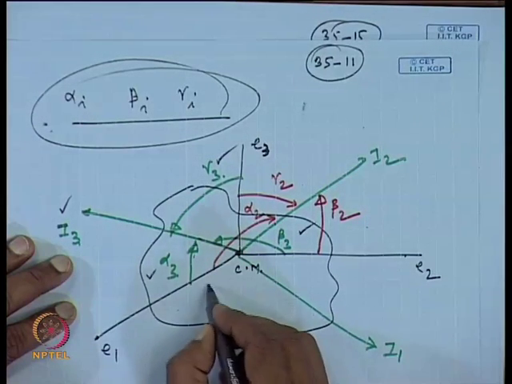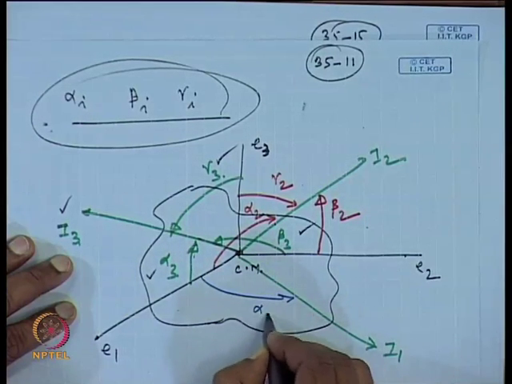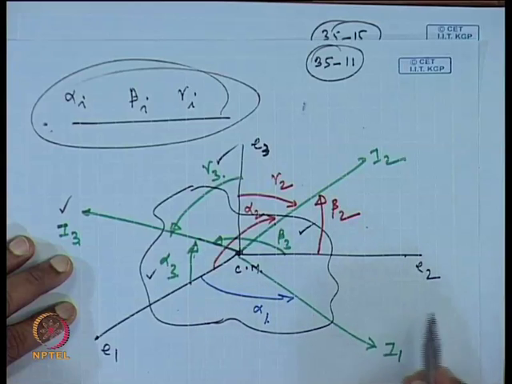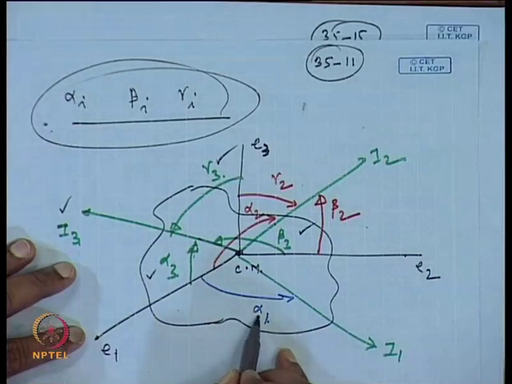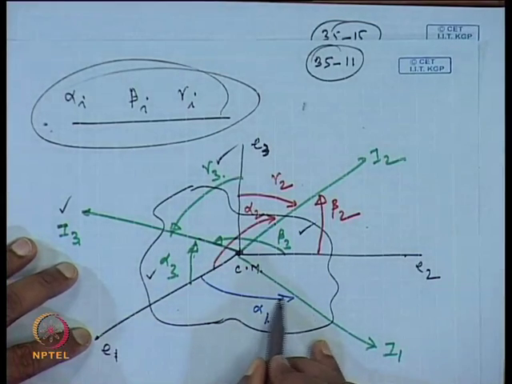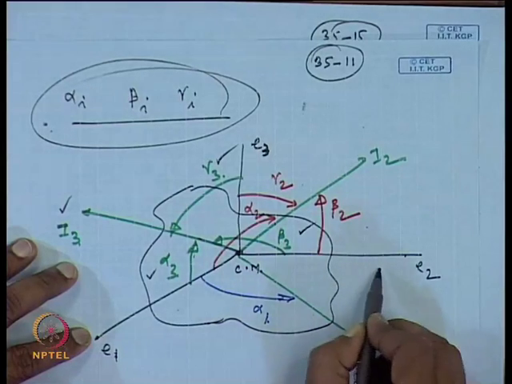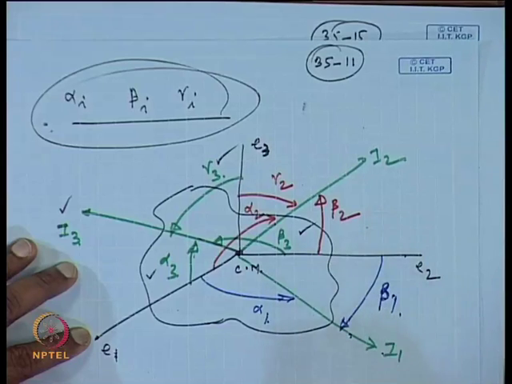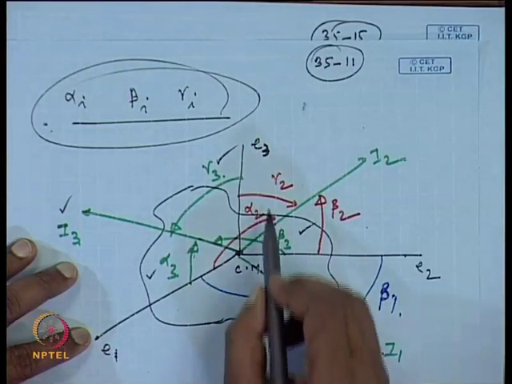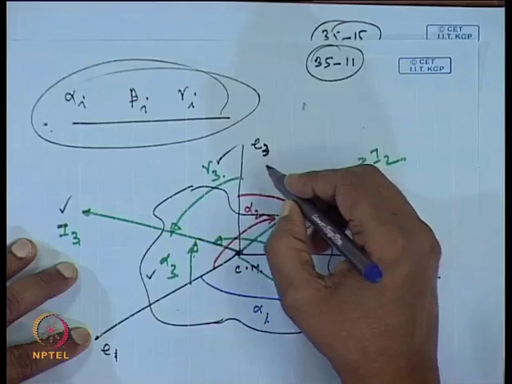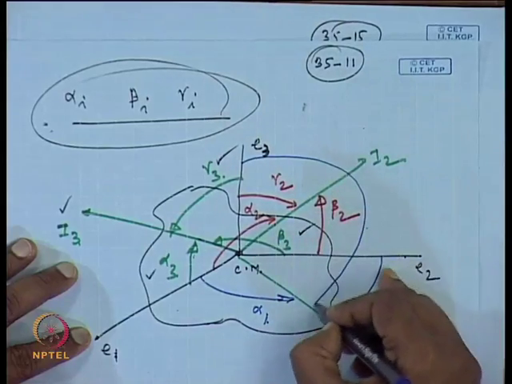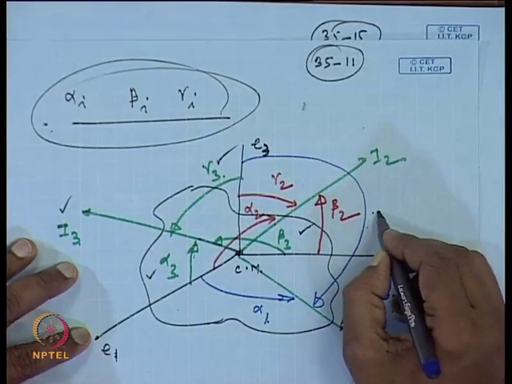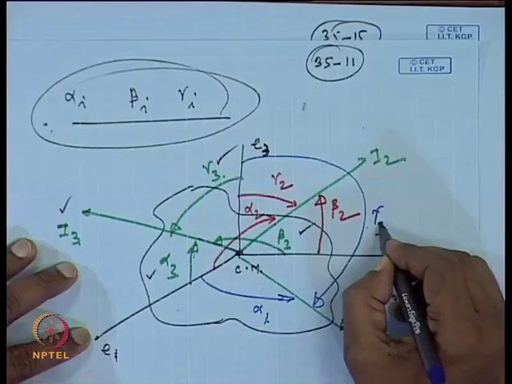Here you will have this as alpha 1, which is the direction angle from E 1 measured up to I 1. Then you have this angle as beta 1, and with E 3 the angle made, from here to here, is your gamma 3.